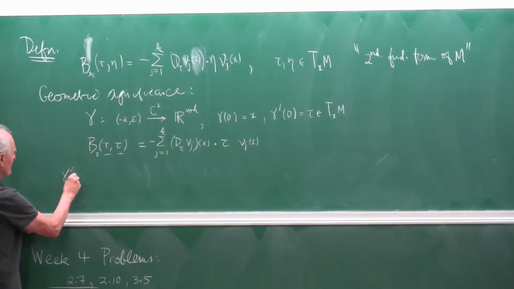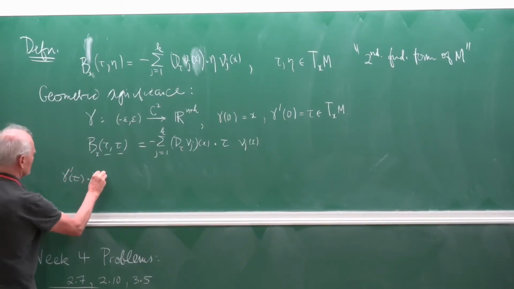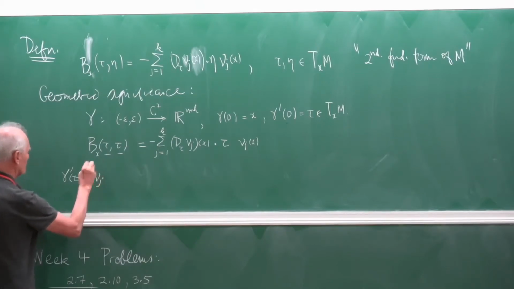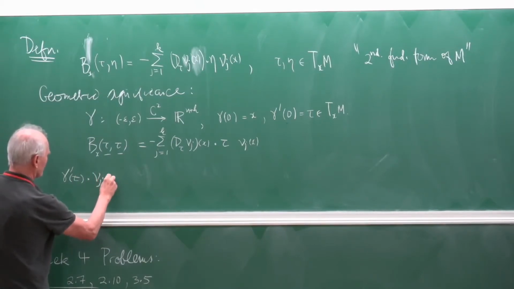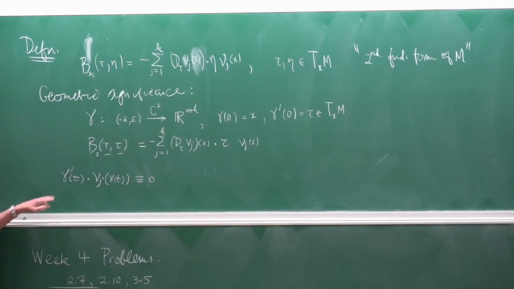If I take gamma prime t dotted with nu_j at gamma of t, notice that's identically 0, because gamma prime t is always in the tangent space at gamma of t, and nu_j is in the normal space at gamma of t.